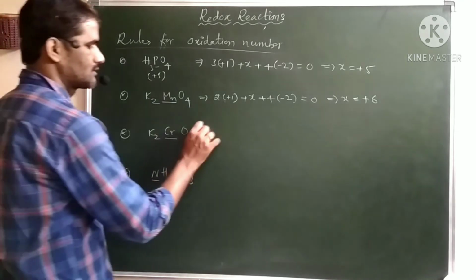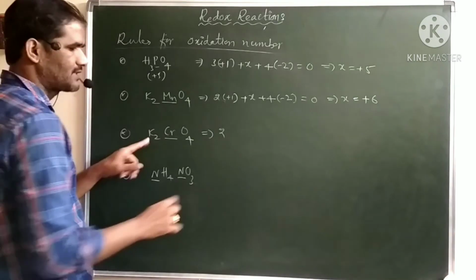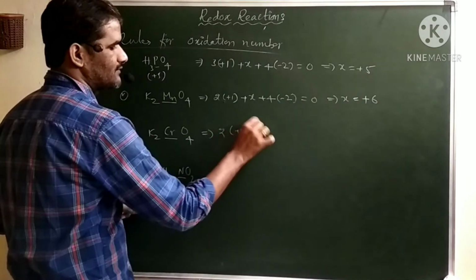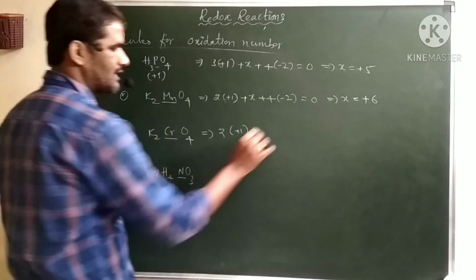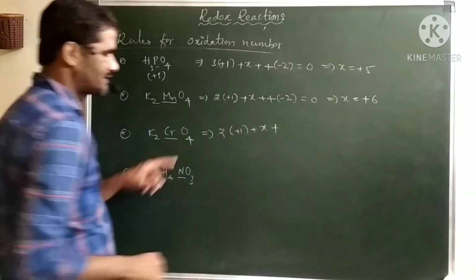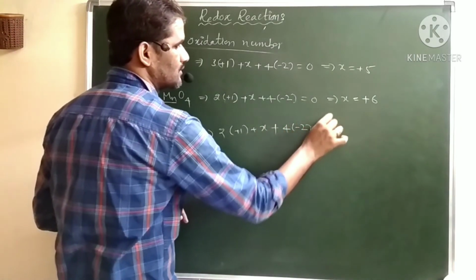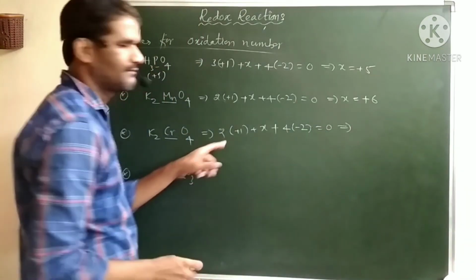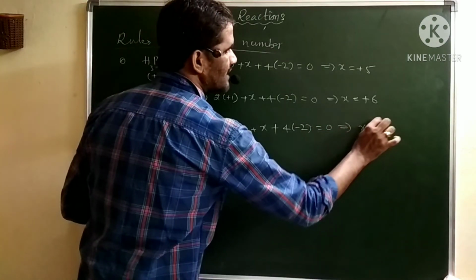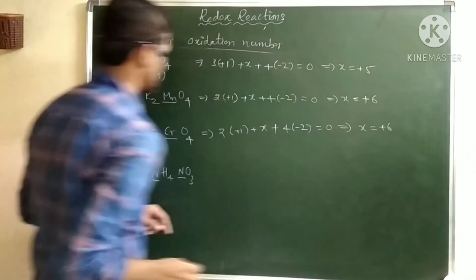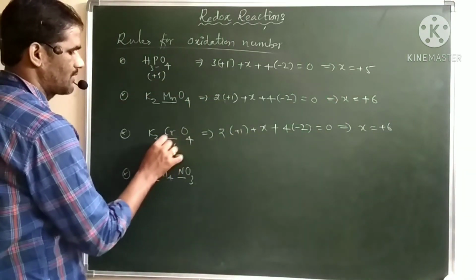Potassium chromate, here again 2 potassiums, 2 into +1, and chromium, let us assume that is X, 4 oxygens are there, 4 into -2 equals 0. Again if you simplify this, we will get X equal to +6. So here the oxidation state of chromium is +6.